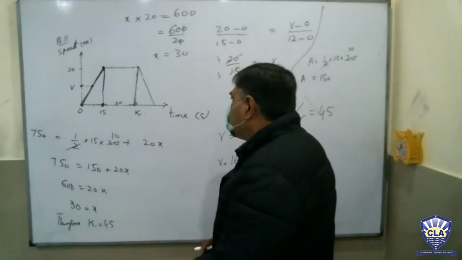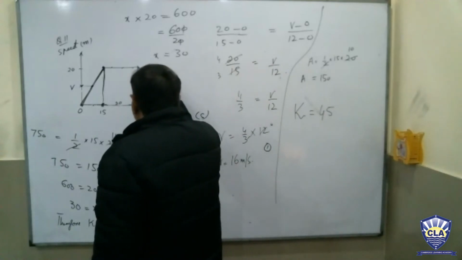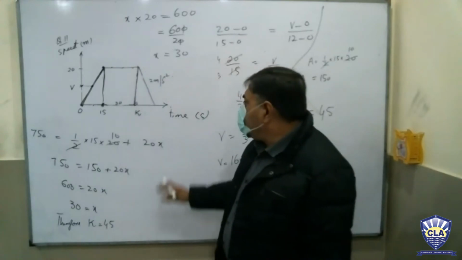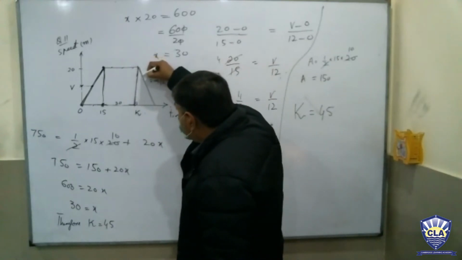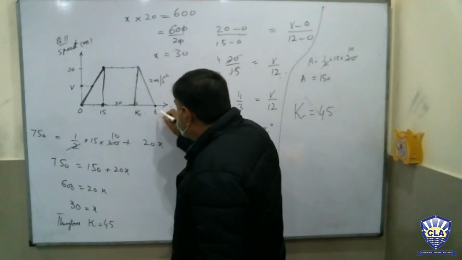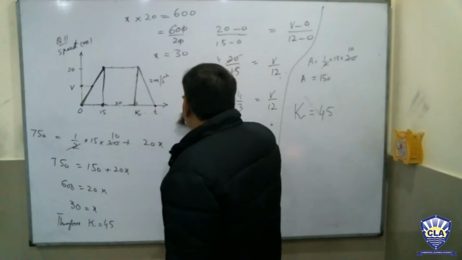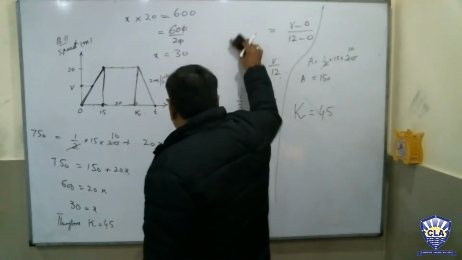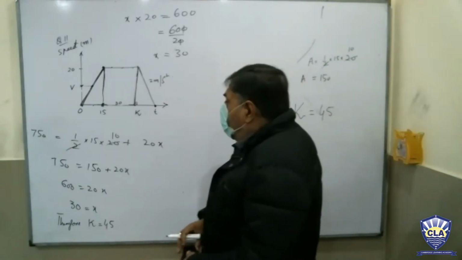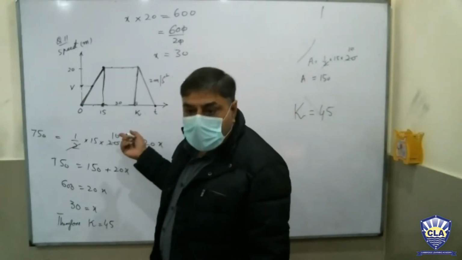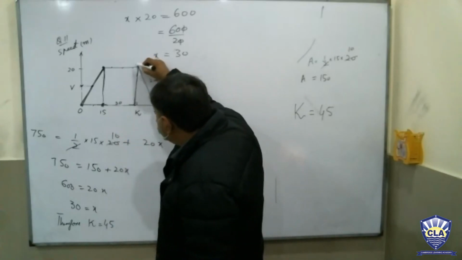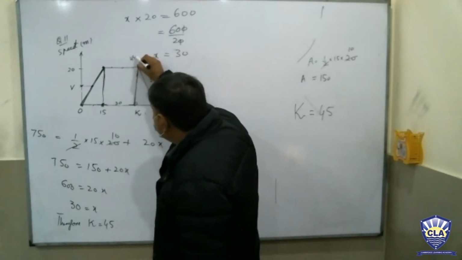Now deceleration is 2 meters per second squared. Deceleration of this portion is given. Find the value of t. Now K is 45. What are the coordinates of this point? 45, comma 20.